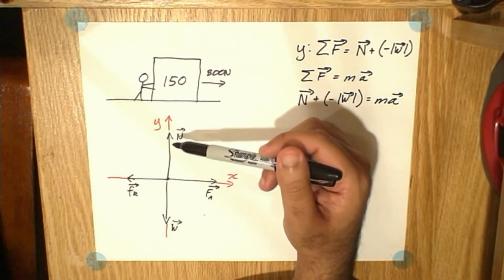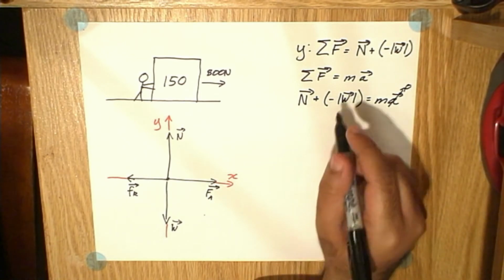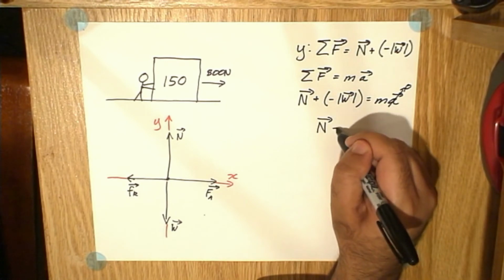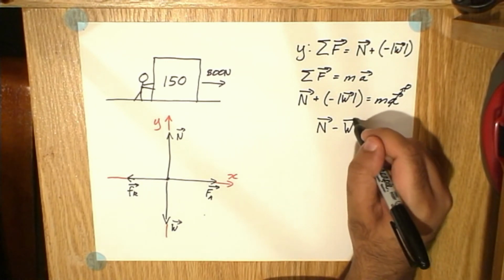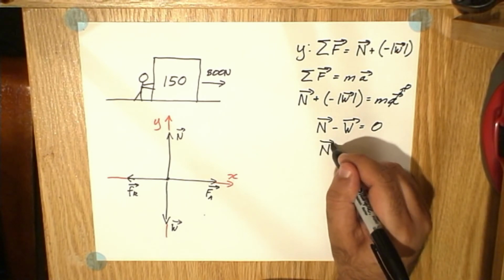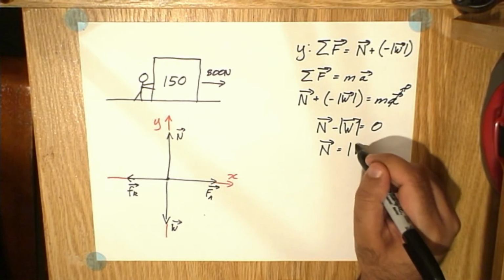Its acceleration in the y direction is 0. So we can simplify this to say that the normal force minus the weight force is equal to 0, or equivalently, that the normal force must be equal to the weight force.